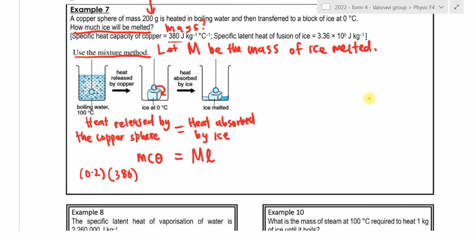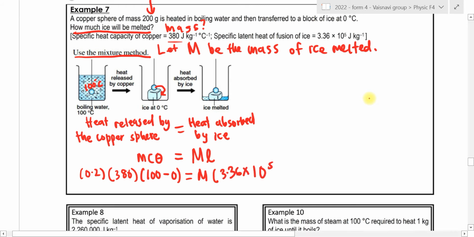Masa dekat boiling water, dia 100 degree Celsius. Lepas tu dia bersentuhan dengan ais 0 degree Celsius, maka dia berubah kepada kosong lah. See, this information is indirect. From 100, it changed to 0. Equal to the M we don't know. The latent heat of fusion is 3.36 times 10 to the power of 5. Now find for me the M.